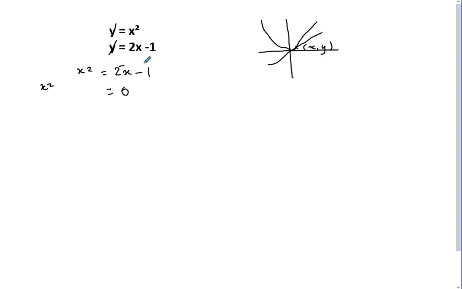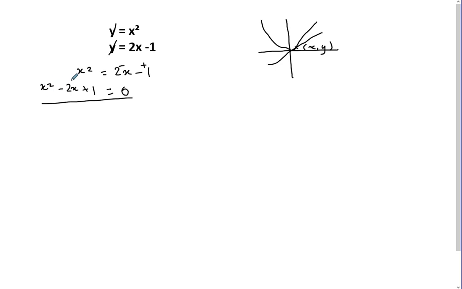So we minus 2x and plus 1. So you've got x squared minus 2x plus 1. Okay, it's just 1x squared.